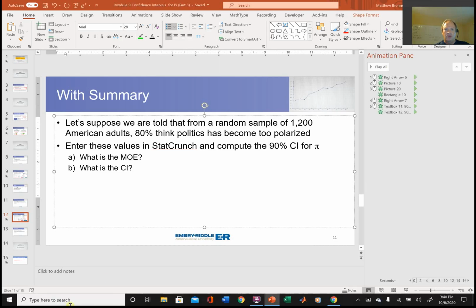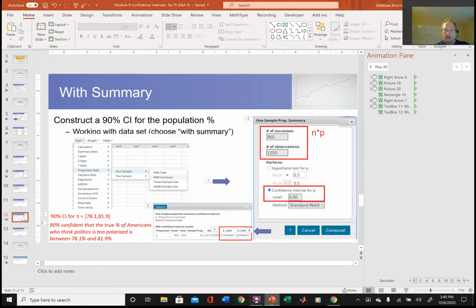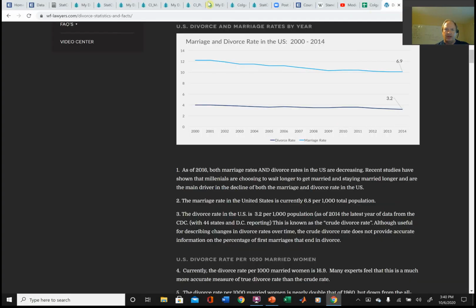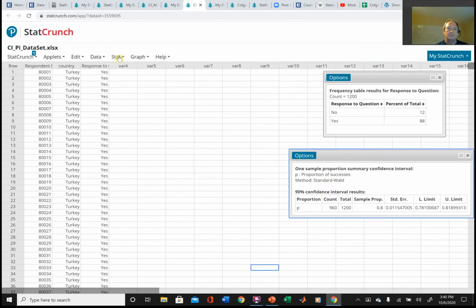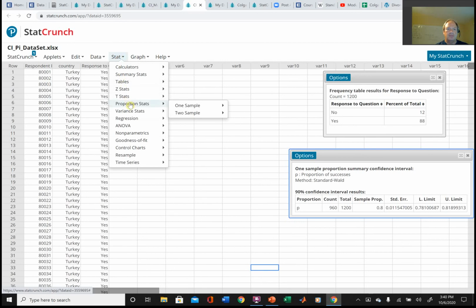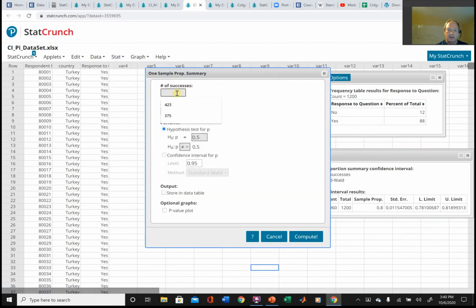And so let me just show you this in StatCrunch. I'll go ahead and run through this in StatCrunch. Proportion stats, one sample with summary, 960. And you might have to do that calculation off to the side depending on what the percentage and the sample size is.